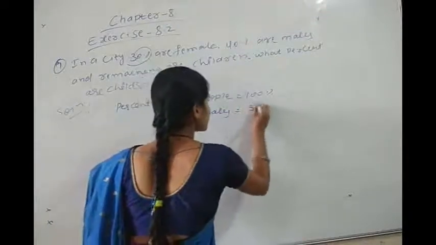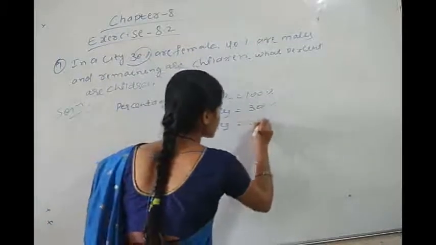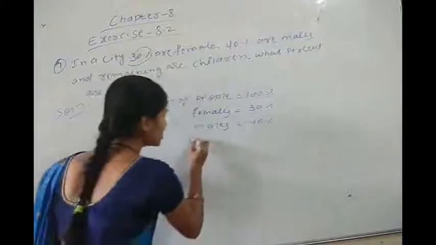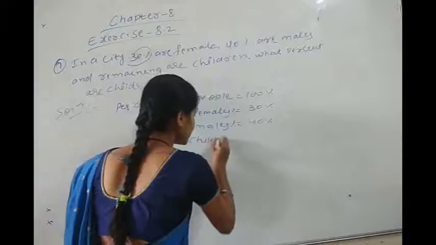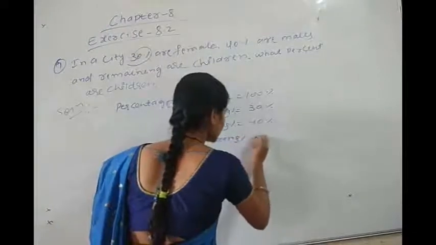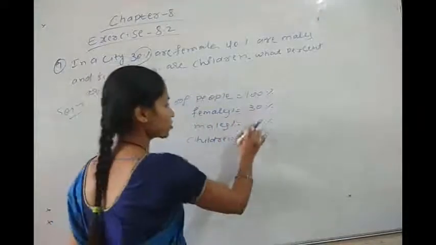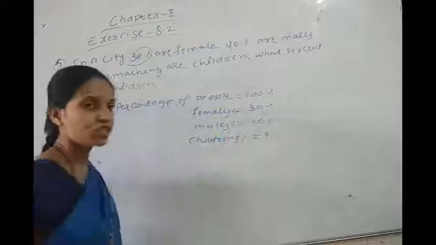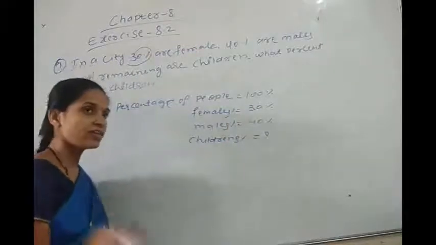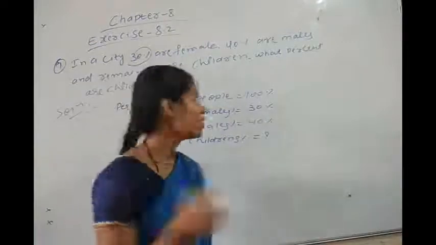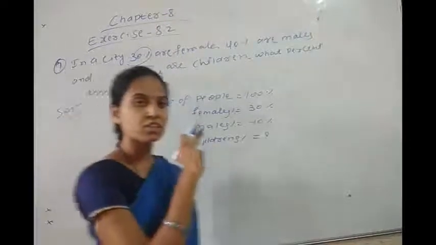Females percentage is 30%, and the males percentage is 40%. They are asking you to find the children's percentage. So if you add 30 plus 40, which is the percentage of females and males, you will get 70%, and if you subtract that 70% from the total percentage of people, you will get the percentage of children.